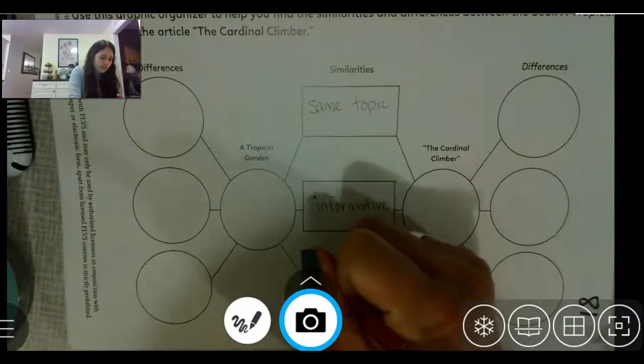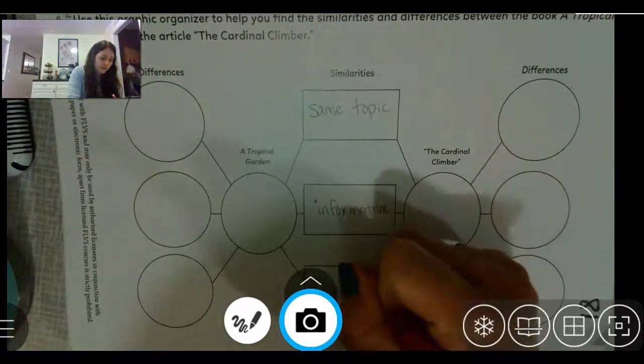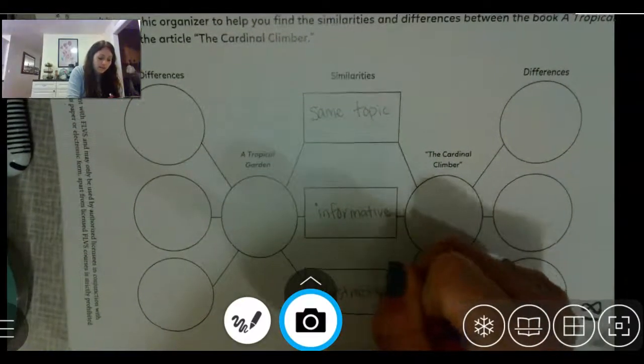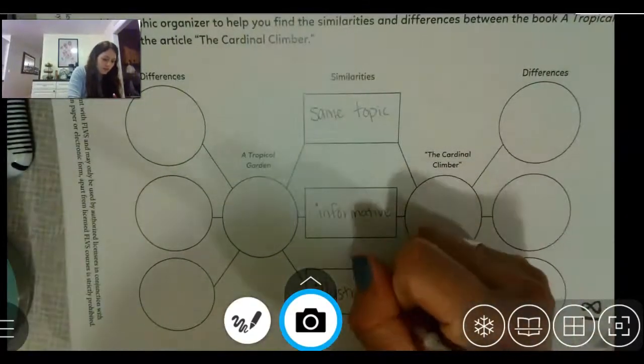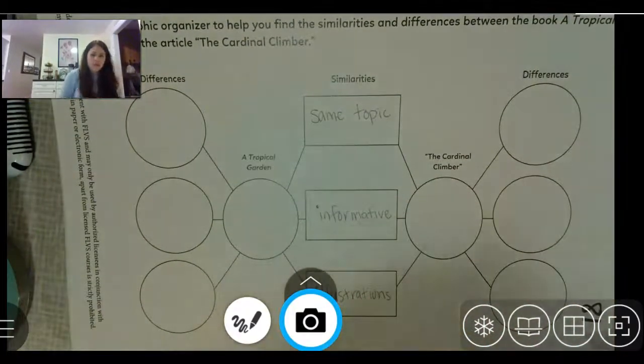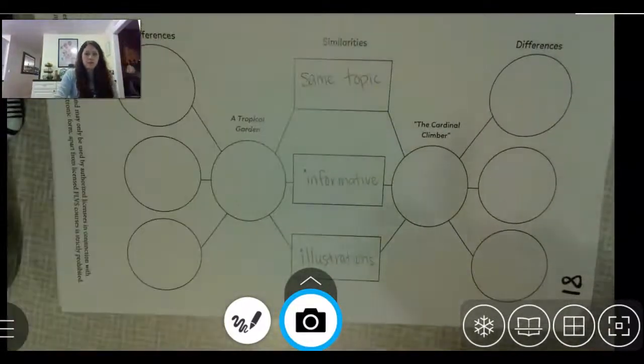Now, one of the texts has pictures, photographs as well, but they both have illustrations. Okay, so you're going to want to just write the same thing I just did there for your similarities. Pause the video if you need a minute to copy.